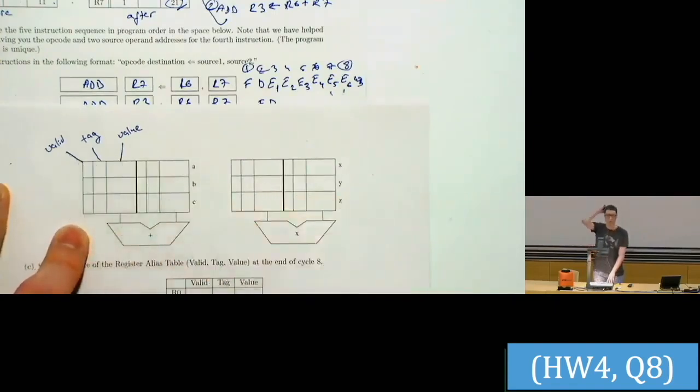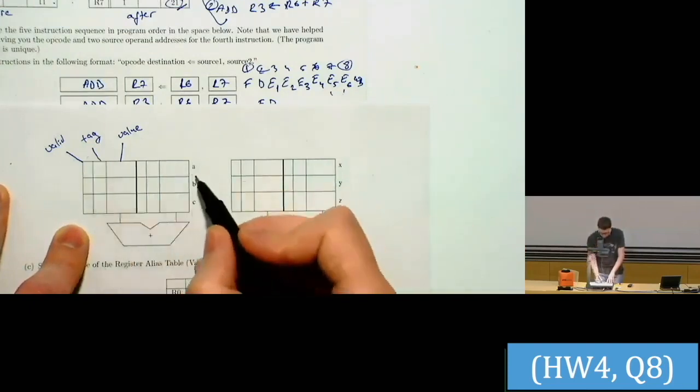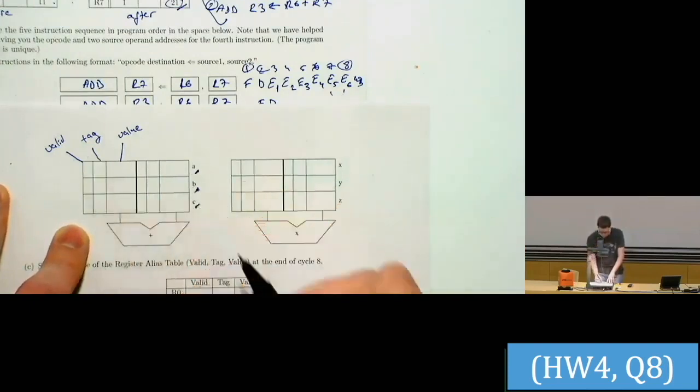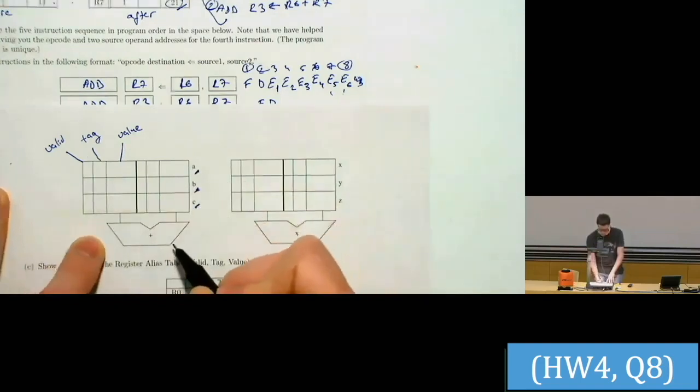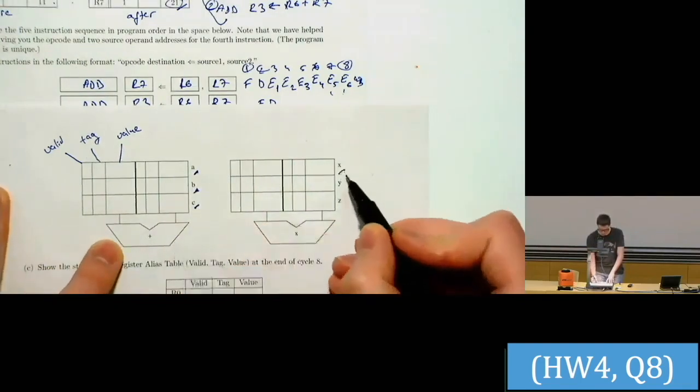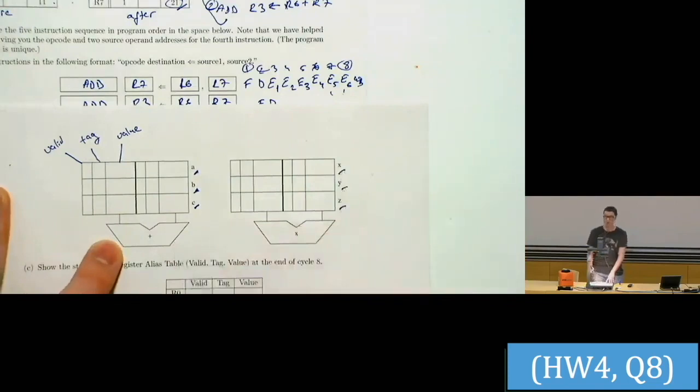Do you remember what those mean? So tag is basically used when you don't have the result calculated, but the result will come from another reservation station entry. And the tag is basically the ID of that reservation station entry, ABC for the addition unit and XYZ for the multiplication unit.